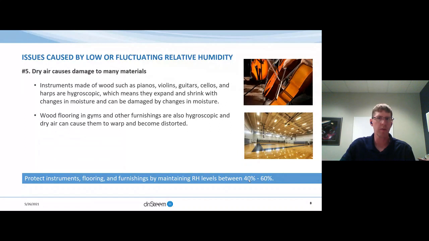So if it gets really dry, then it's potentially going to lead to warping or cracking or shrinking. Not ideal for these types of equipment, and can impact them. Humidification, as an example, is commonly seen in museums where they're protecting artifacts within the exhibits. So that concept of protecting the materials within the spaces as well is an important piece.